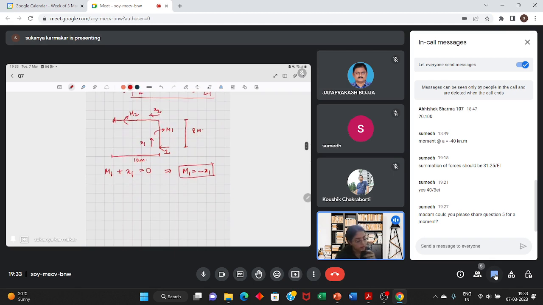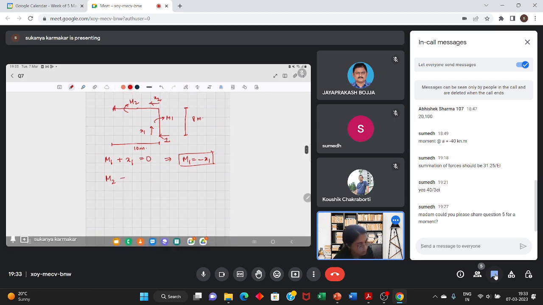Done. And m2 again in the clockwise direction plus, see how much this moment is being created, plus 8 in the clockwise direction, 1 unit load and the lever arm is 8 meter. So m2 plus 8 is equal to 0.